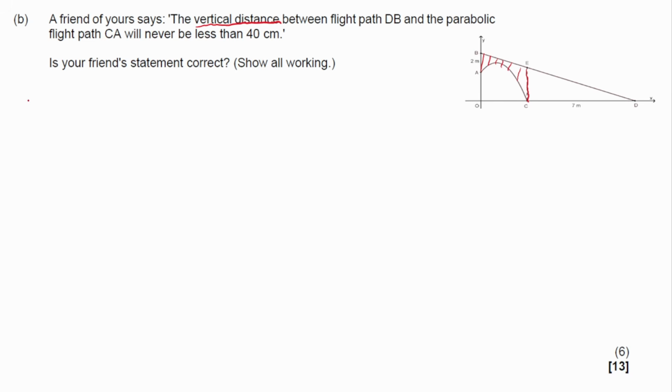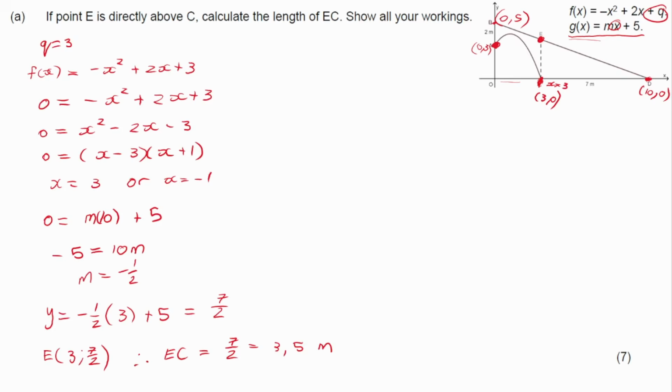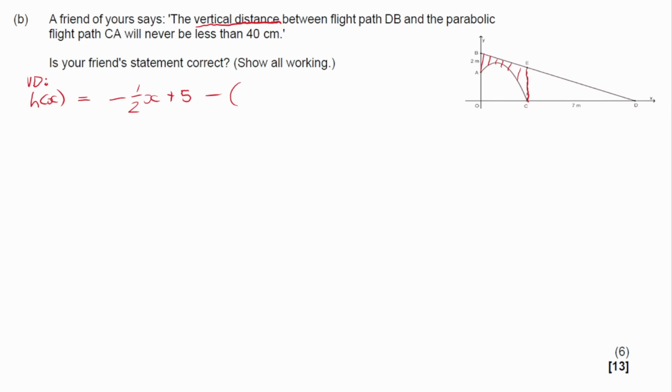So I'm going to call the vertical distance function h. Okay, so this is for our vertical distance. I'm just calling it function h. And to work out vertical distance, we take the top function minus the bottom function. So our top function, which we've worked out before, is this. And we need to minus our bottom function, which was the parabola, which was given by this equation.